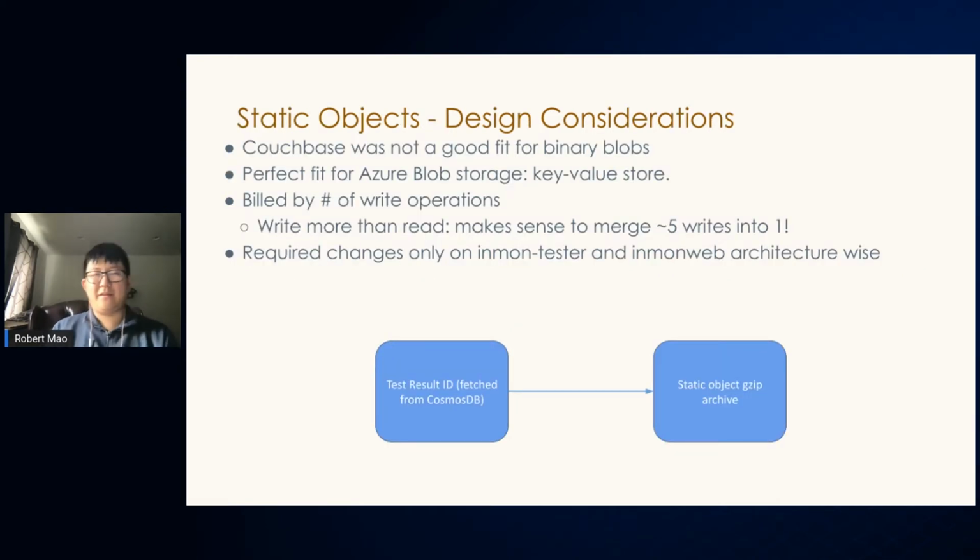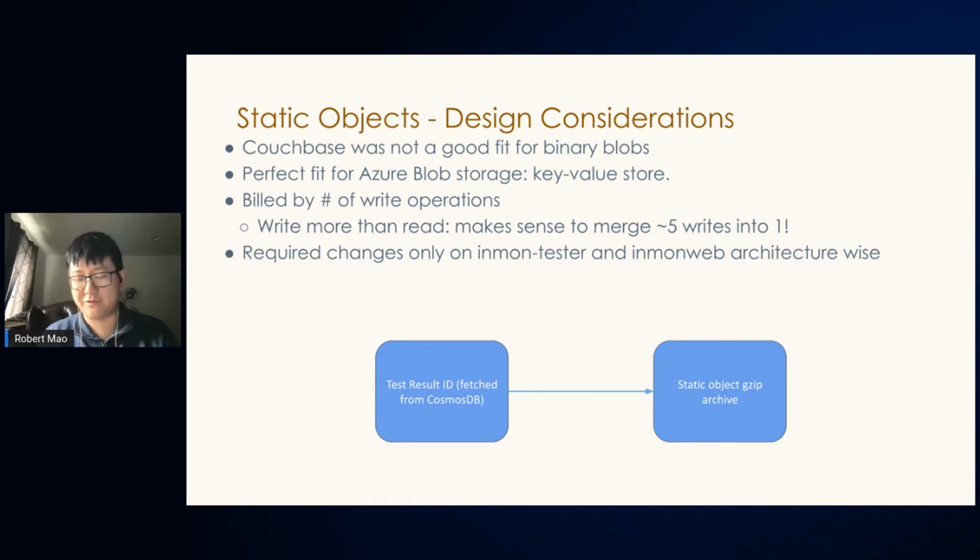So moving on to static objects and design considerations therein. Frankly speaking, using Couchbase for the binary blobs that we were storing within it was not really a good idea. Couchbase was not really meant for storing things like images or stuff like that. But it was a perfect fit for Azure Blob Storage, a key value store. One thing that we did have to keep in mind was the number of write operations.